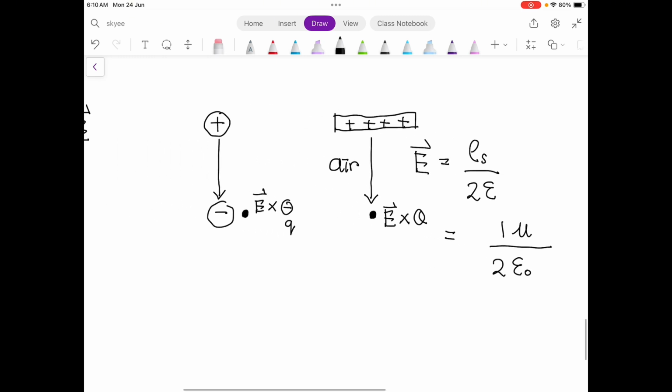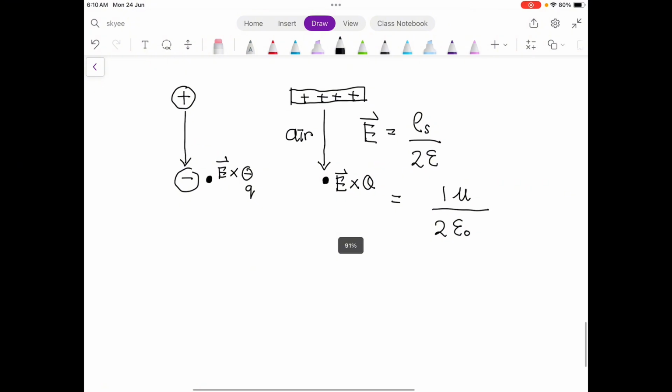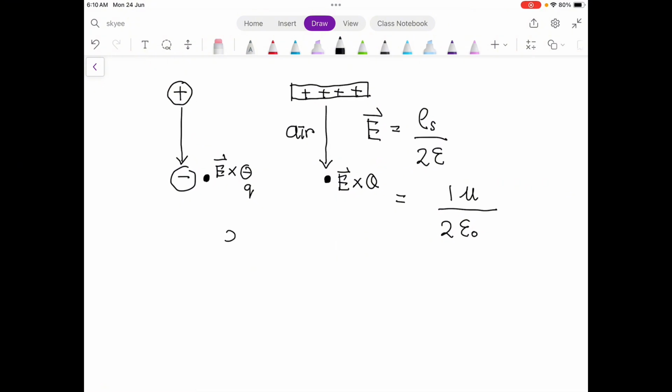In this case, we know the surface charge, and we also know the surface area, so from here we can calculate Q. So Q is equal to rho x, which is 1 micro, multiplied by 200 times 10 to the power negative 4.